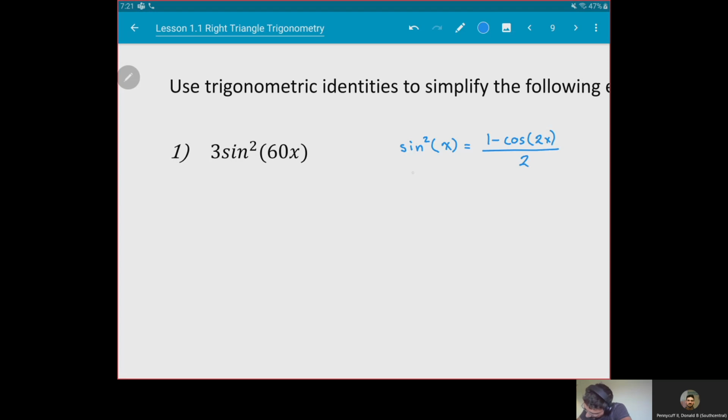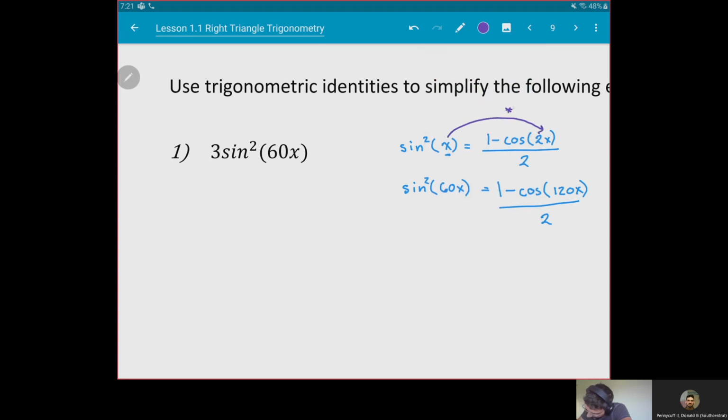So right here, I have sine squared of 60x. Whatever is in here gets doubled. So that's going to be 1 minus cosine of 120x over 2. Okay, so whatever is in here gets multiplied by 2.